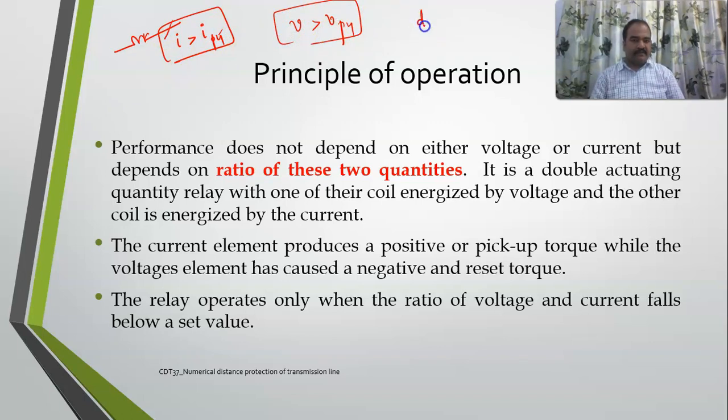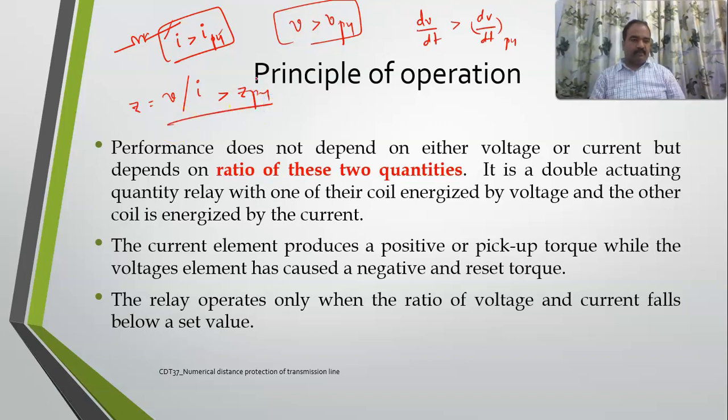Take dV by dt: it operates when dV by dt is greater than your pickup value. Normally all these depend upon either voltage or current. Whereas a distance relay operates on the ratio of these two quantities, which means you measure V, you measure I, and get V by I, the impedance. If it is beyond your pickup value, then automatically your relay will operate.